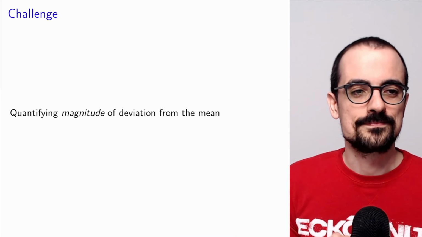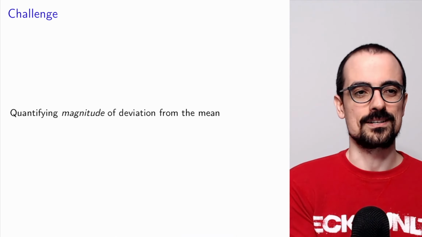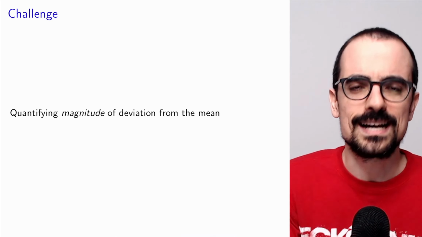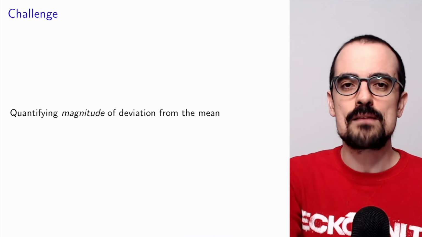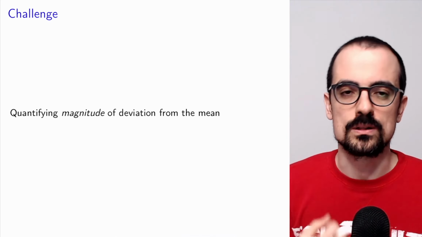But before that, actually, I got a little bit ahead of myself. In order to define something that captures the average deviation, which we're going to call the variance, which is the average squared deviation, we will need to somehow quantify the magnitude of the deviation. How do we do this? How do we compute the magnitude of a real number?